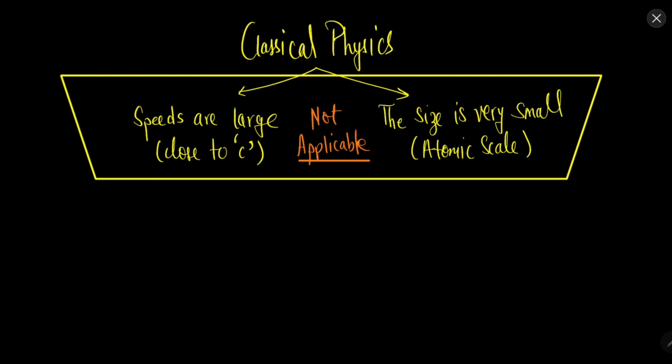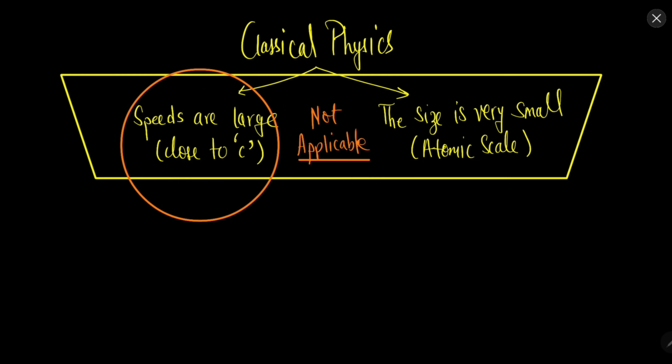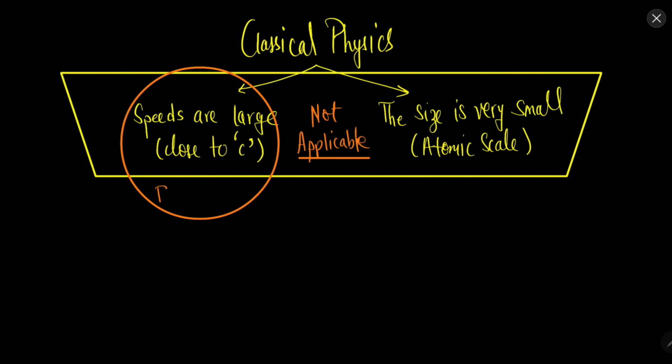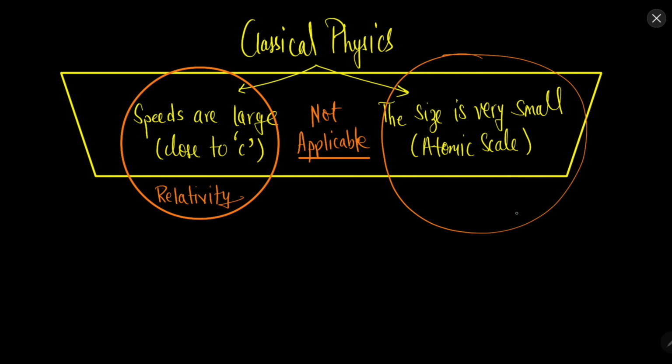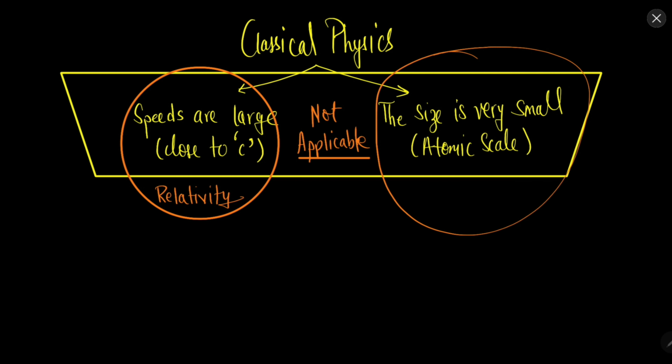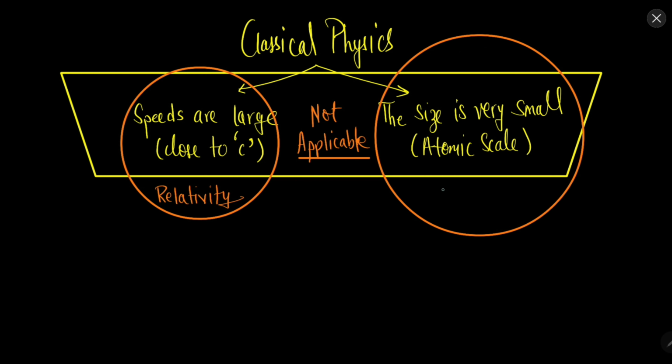We need to modify classical physics. When we discuss higher speeds, this branch is called the special theory of relativity. And when we are concerned about small objects, then we say we are discussing quantum physics or quantum mechanics.